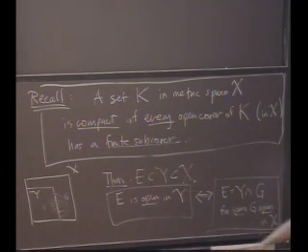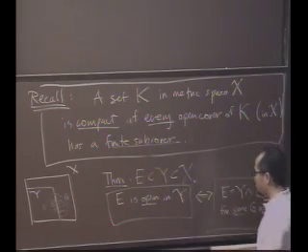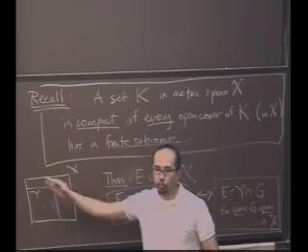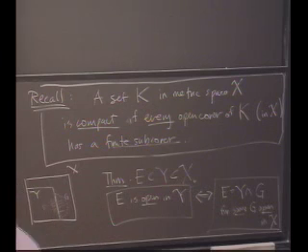Okay? Any open set over here corresponds to one over here. Could correspond to several, but it corresponds to at least one, right? And any set over here corresponds to one over here just by taking the restriction to Y. Okay? That's what we showed at the end of last time.